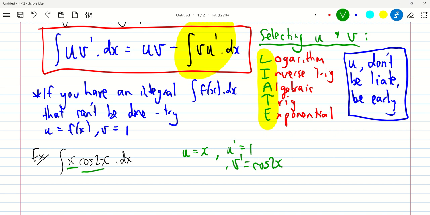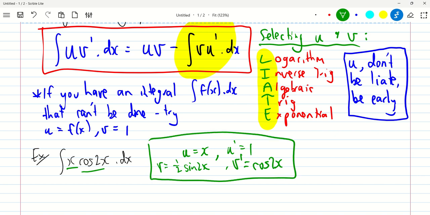If v dash is equal to cos 2x, then the antiderivative of cos 2x is going to be sine 2x, but it's going to be half sine 2x. I didn't write down v, so v is equal to that. The antiderivative of cos is going to be sine. Good, and that's our chunky working out.